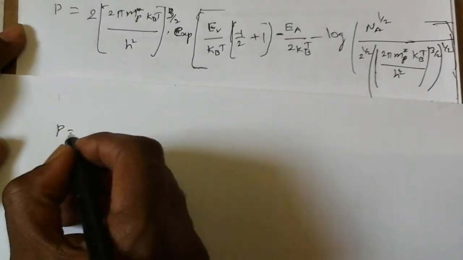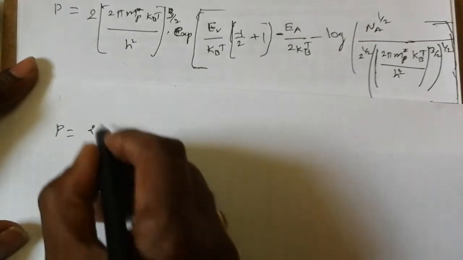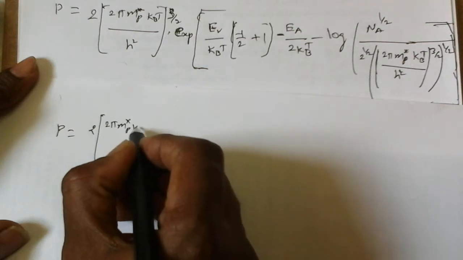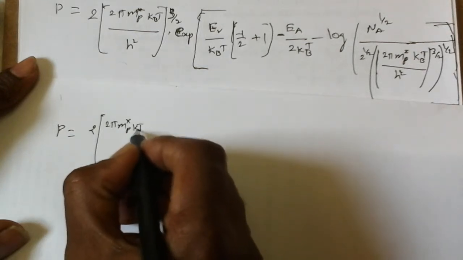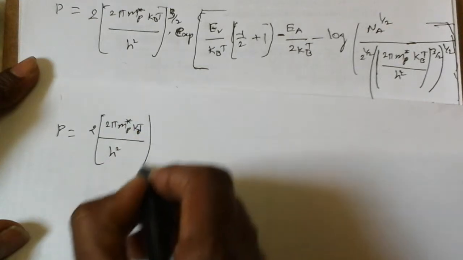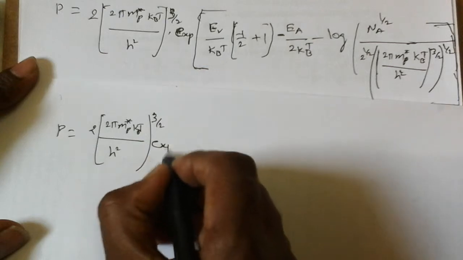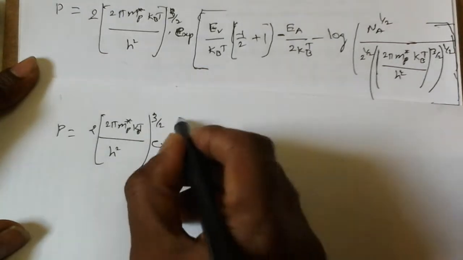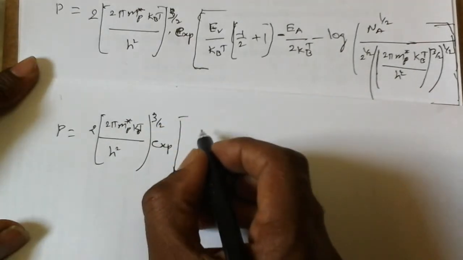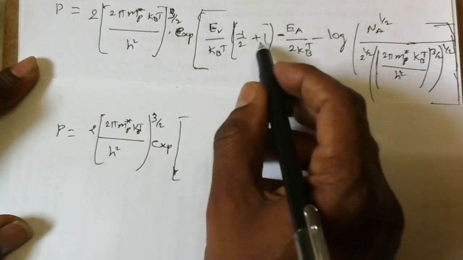Then P is equal to 2 into 2 pi m_p star k_B T by h square, whole power of 3 by 2, exponential of this value: plus 1 minus 1 by 2, 1 by 2.